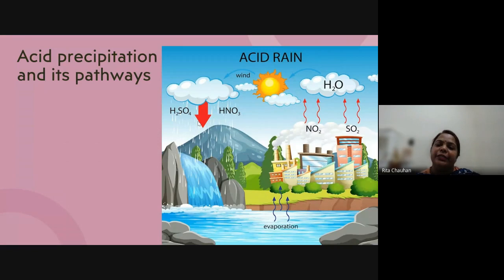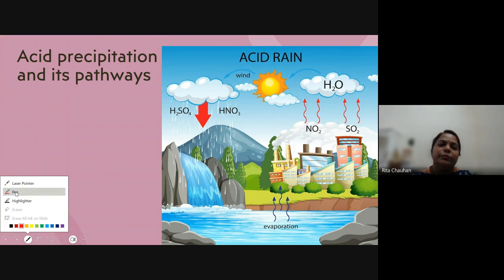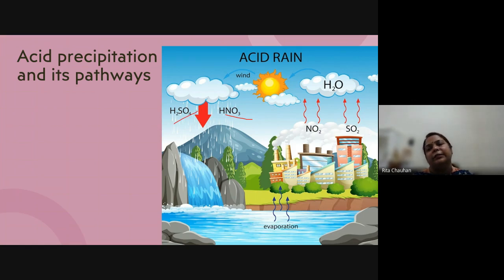So what is acid rain basically? We will learn about this in the next session also because it's a global environmental issue, but here also I will let you know. The primary sources like nitric oxide and sulfur dioxide are released from the factories and industries. They interact with water vapor, the water which is present in the cloud, and they are converted into nitric acid and sulfuric acid.